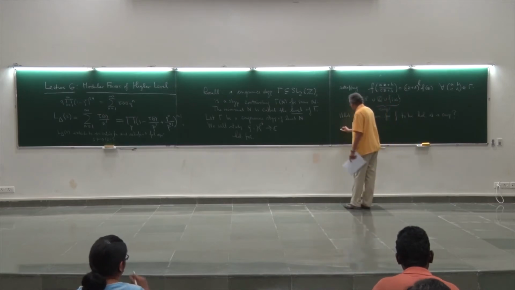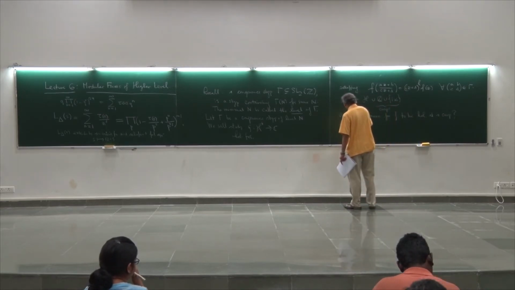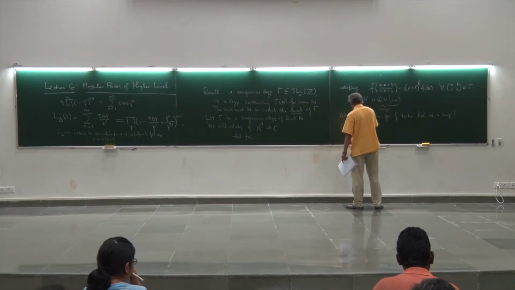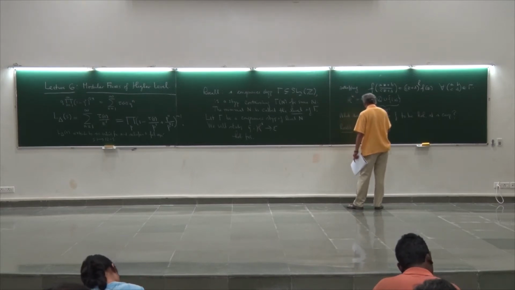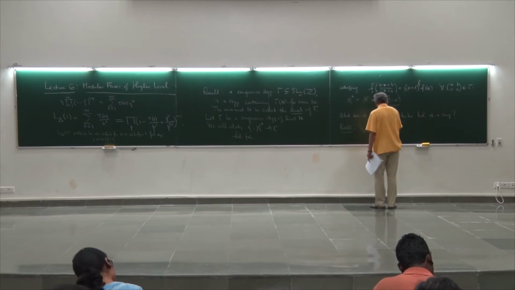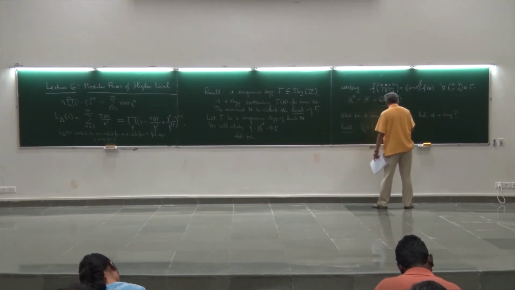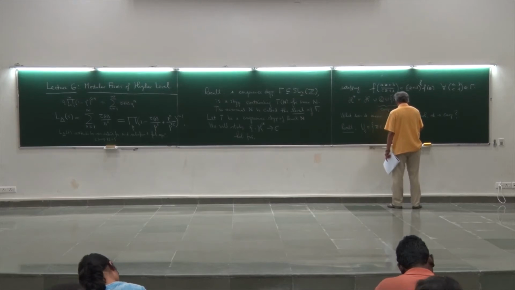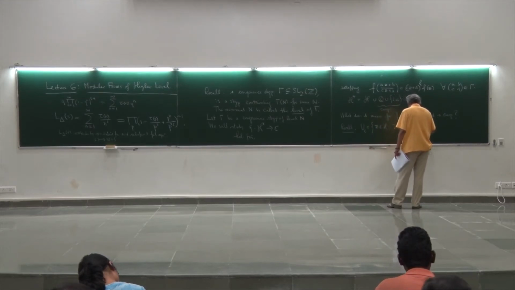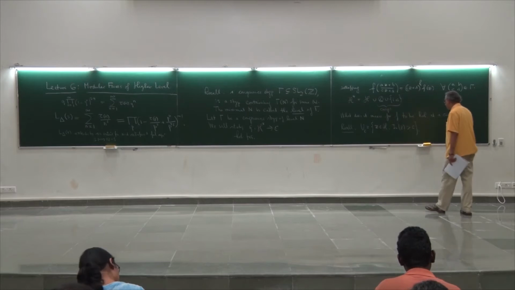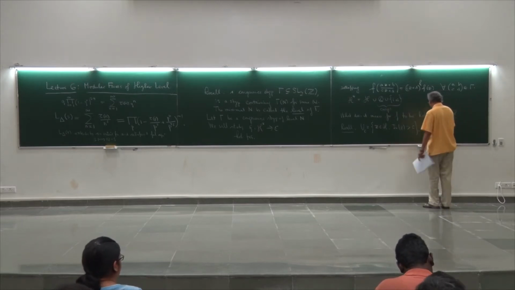So recall these fundamental neighborhoods of the point at infinity, these sets U sub c, the collections of complex numbers in the upper half plane whose imaginary part is bigger than c.